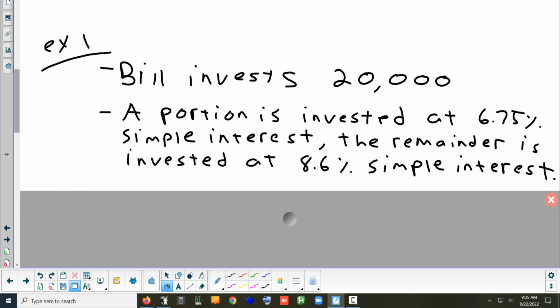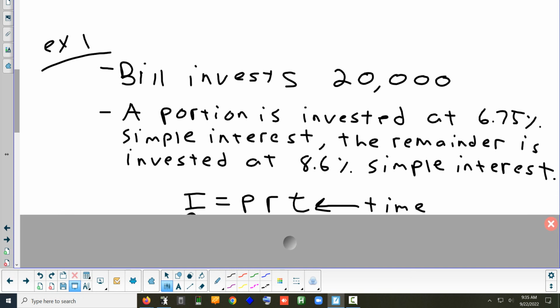Now, in order to do this problem, you need to know what the formula is for calculating how much money you would make if you invested in a simple interest type of thing. That's the formula. It's I equals P R T.